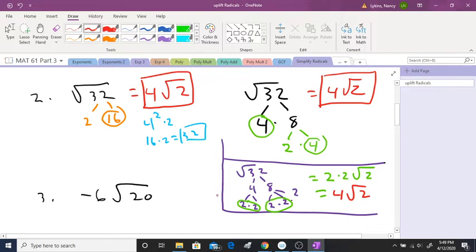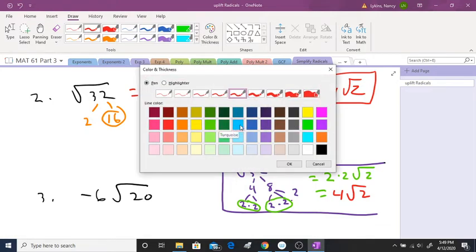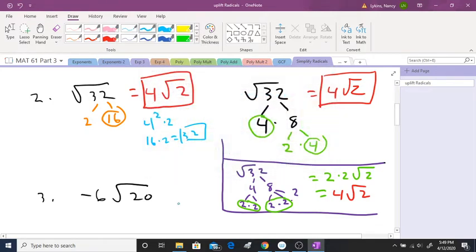Now, what about this negative 6 and the square root of 20? Well, what I'm going to do is I'm going to take 4 and 5. Now, notice this. 4 is a perfect square. So what you do is you take your negative 6.